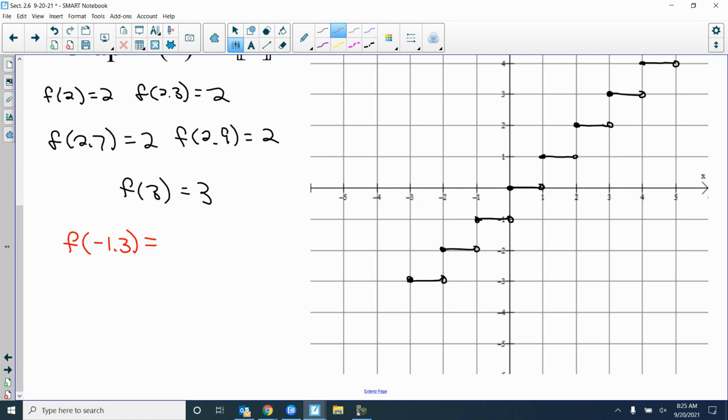Negative 2, because what's smaller than it? It'd be negative 2. Now make sure that matches up. So if I go to negative 1.3, that does hit at negative 2. A lot of times your first instinct is to go to negative 1, because of the negatives. So you got to remember, smaller than negative 1.3 would actually be negative 2. Okay. f of negative 3.4 would be negative 4. All right, for that.